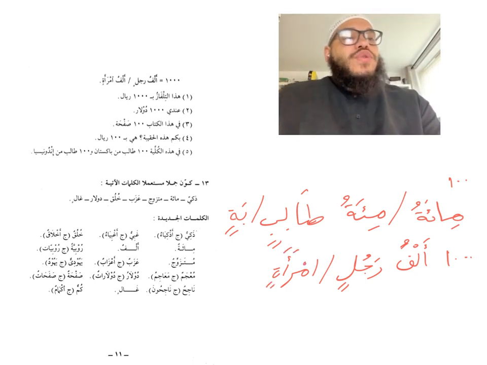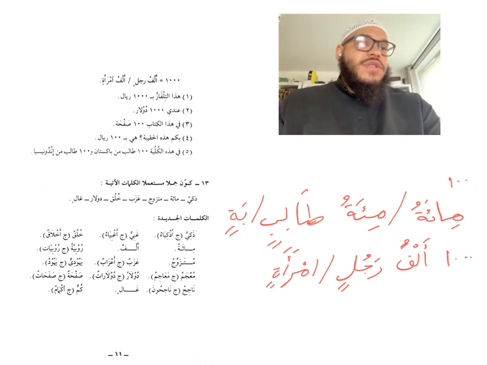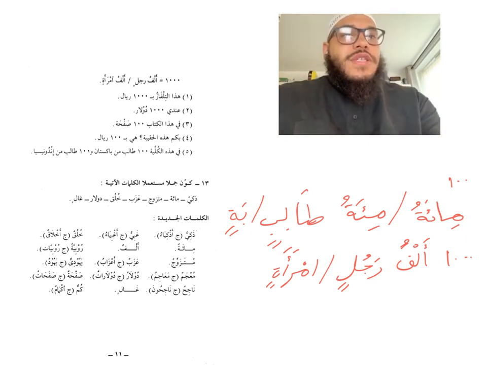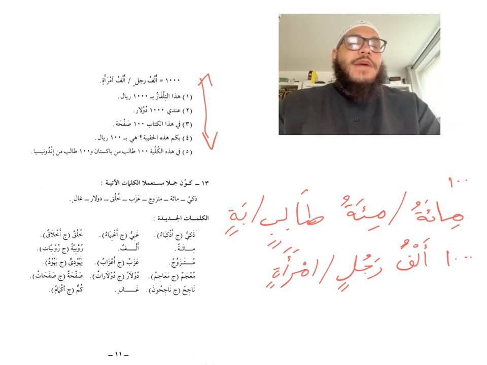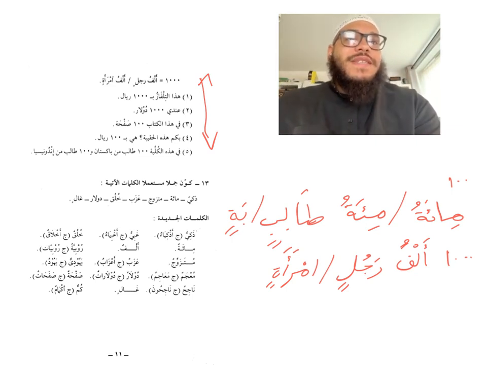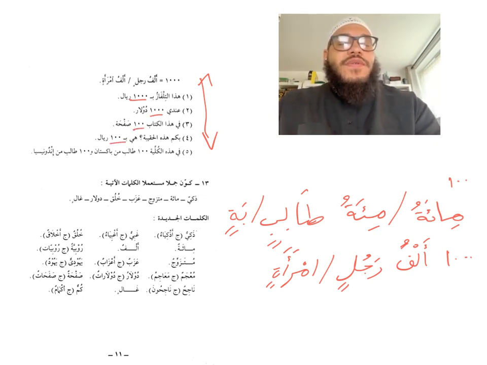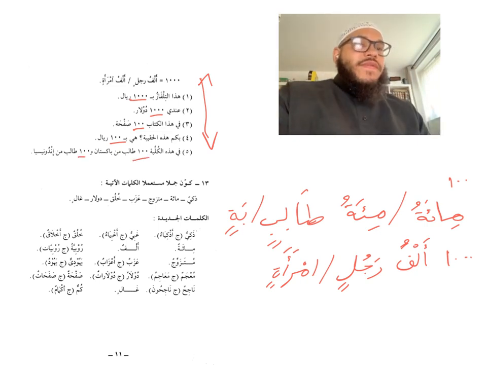Okay, so alfu rajulin, alfu imra'atin, and it's used as mudaf ilay. And now you need to apply that rule to these sentences here, okay? The number that is written as a number, you need to write it as a word. So these numbers, you need to now write them as words, as miyatu or alfu, depending on the sentence, inshallah, and not leave it as a number.